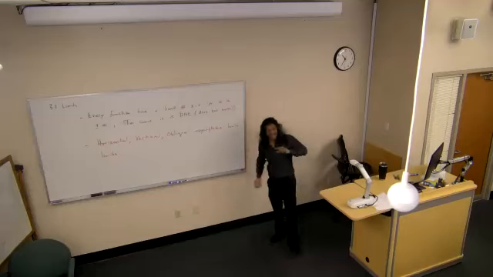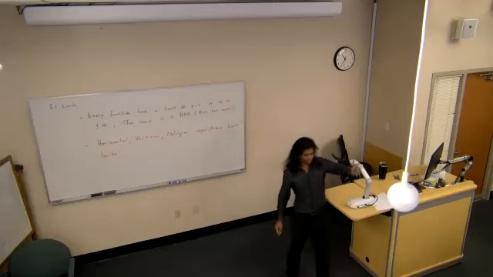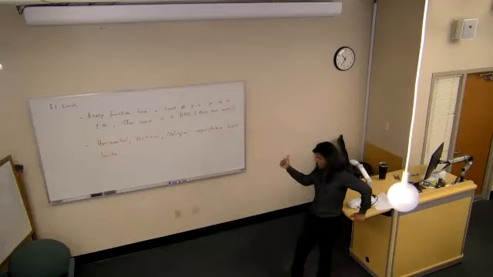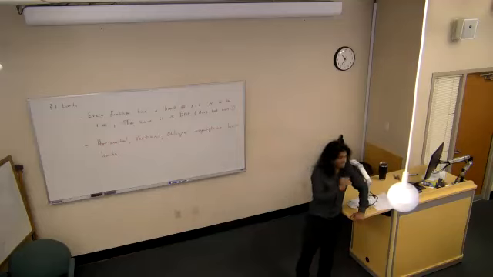If a function has an asymptote, may it be horizontal, vertical, oblique, oblong, doesn't matter. If there is an asymptote, it will have a limit, period.